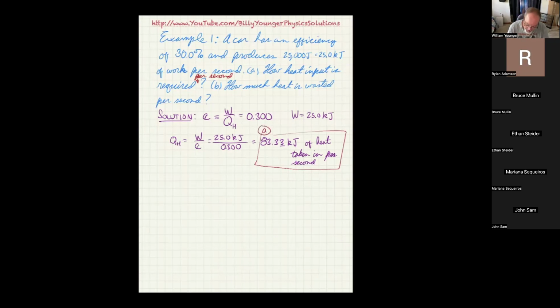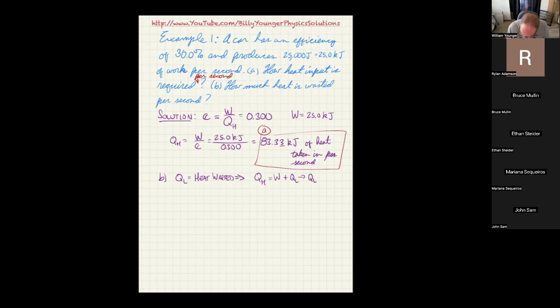Okay. Now, how much heat is wasted? QL equals heat wasted. But remember, QH is equal to W plus QL.